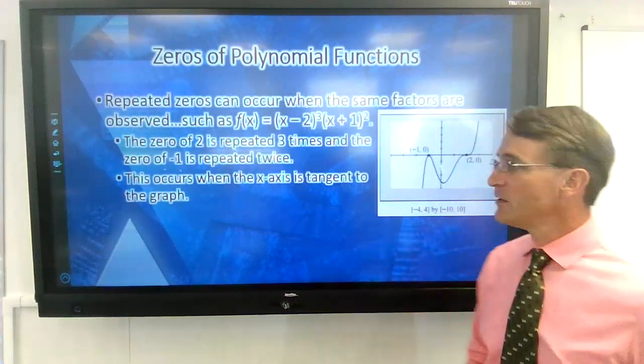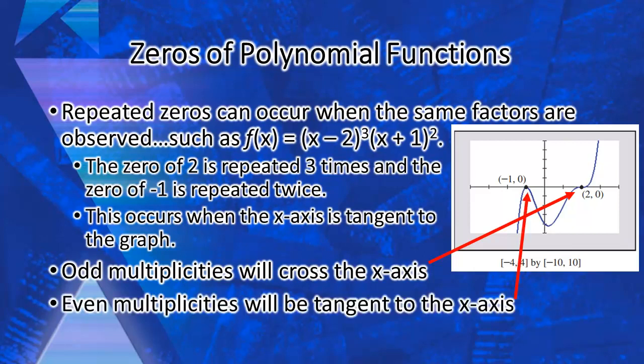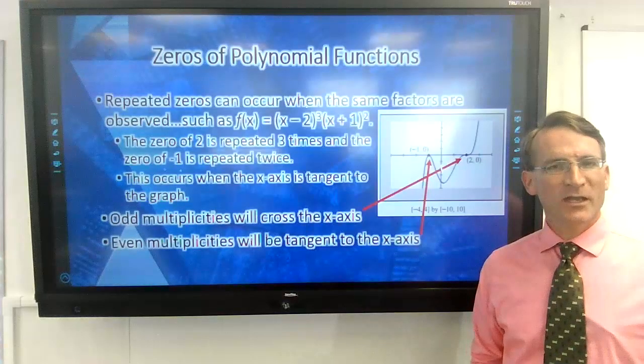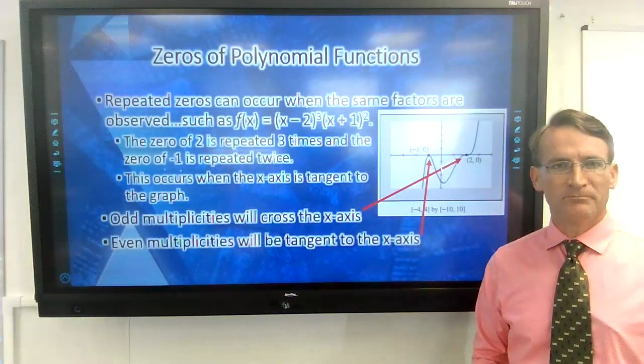So here's what we can get out of this. Multiplicities that are odd will cross over my x-axis. Multiplicities that are even will be tangent to my x-axis. So if they're odd, they go through. If they're even, they touch and come back the way they were coming from.